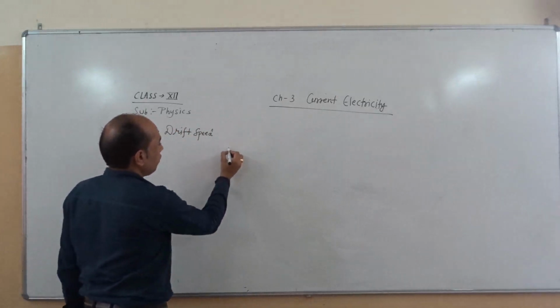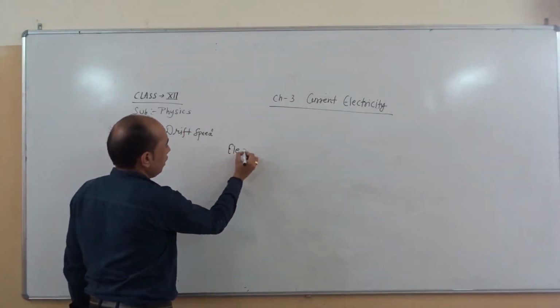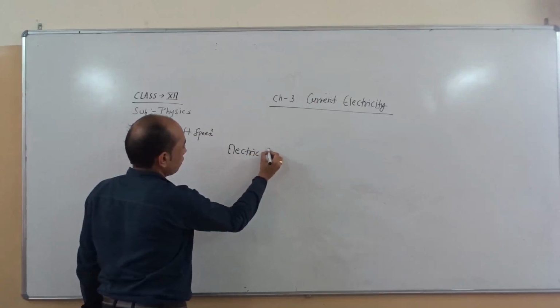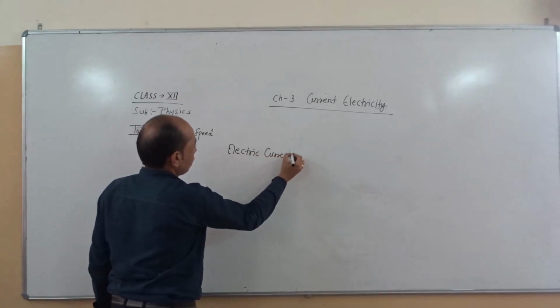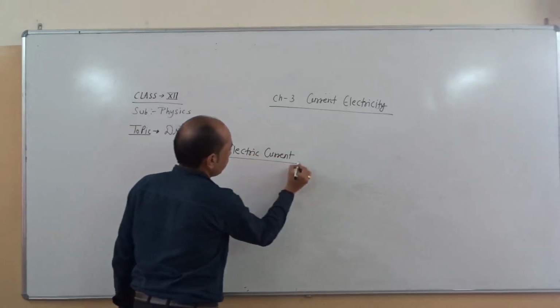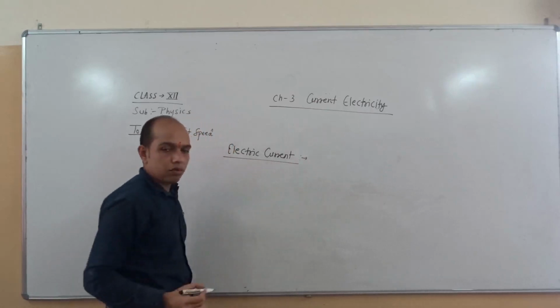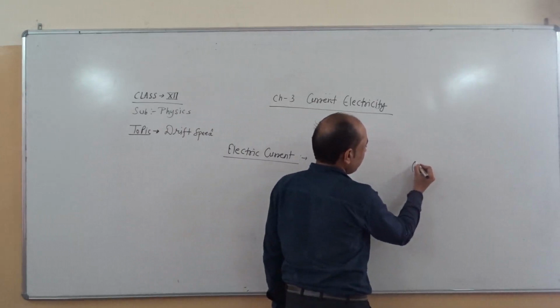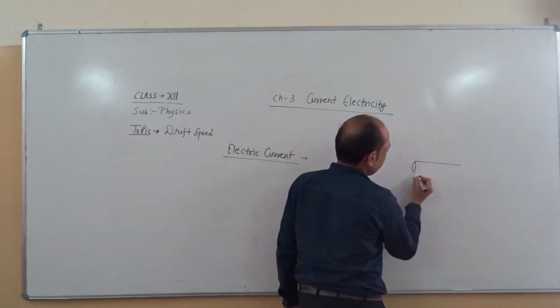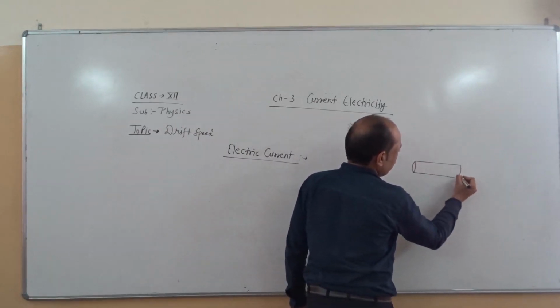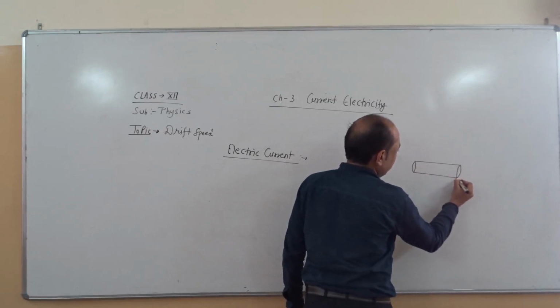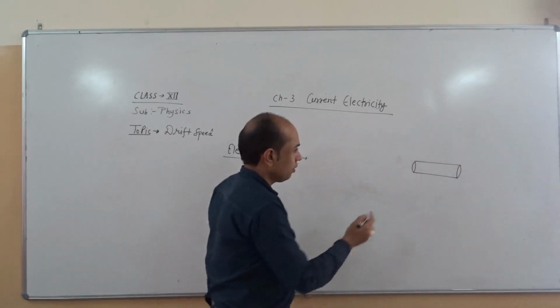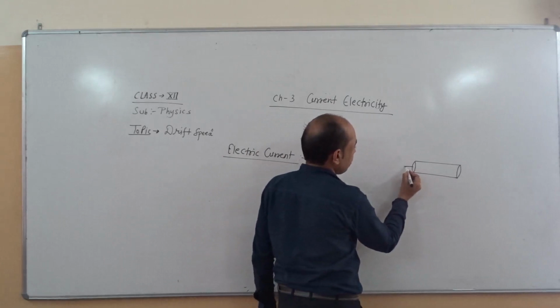So first of all, I define here what is electric current. In order to define the electric current, here I am taking one conductor. This is cross-sectional view of conductor. That means it is simply a wire, but this denotes cross-sectional view.